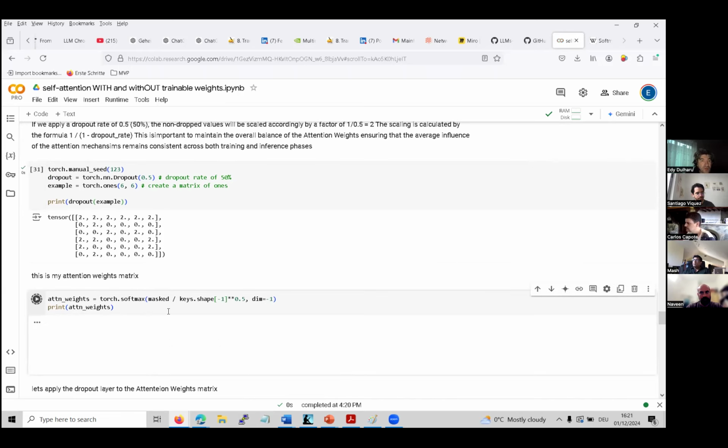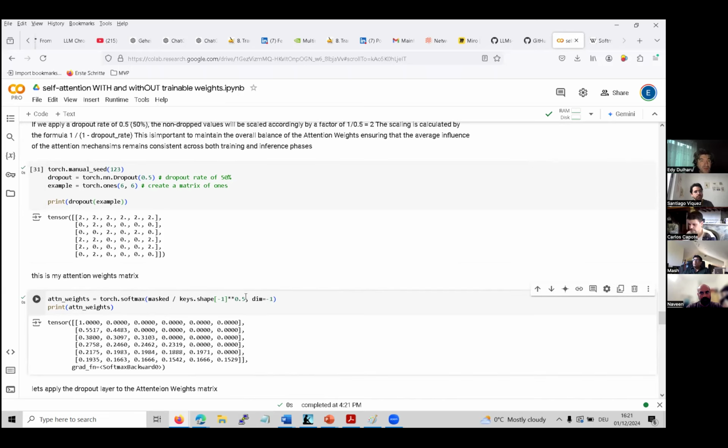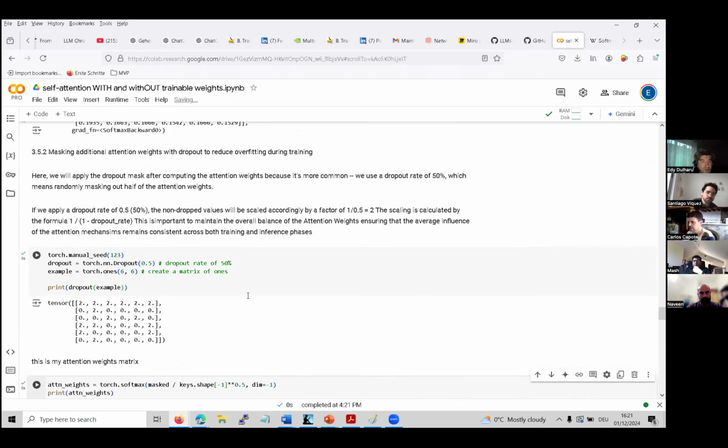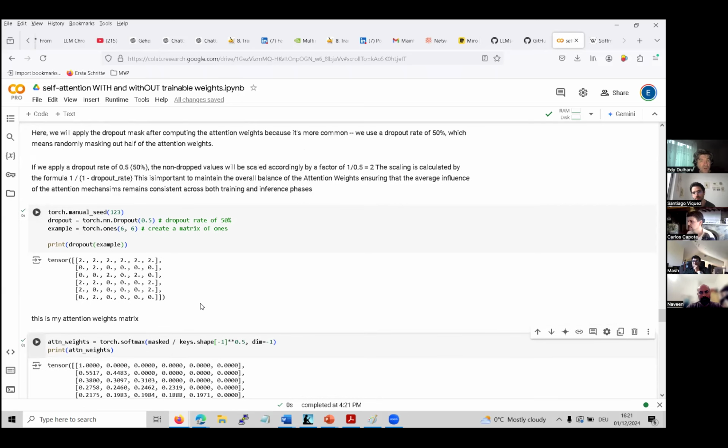So the attention matrix is turned into, once we shut down the neurons, let me see if I missed any step here. And also if we apply this approach with dropout, then the non-dropped values will need to be scaled up in order to maintain the contribution to the overall attention weights.